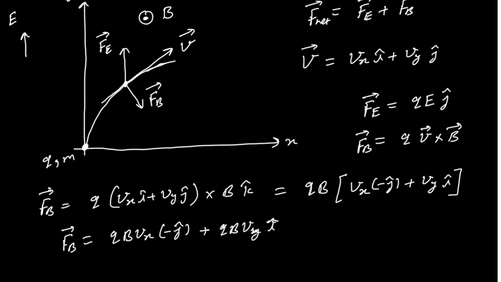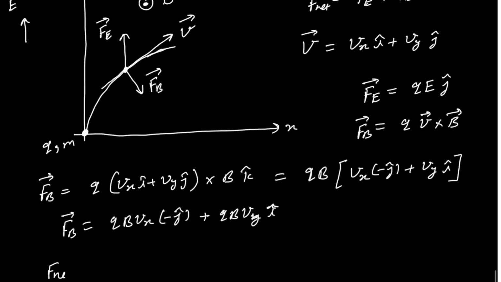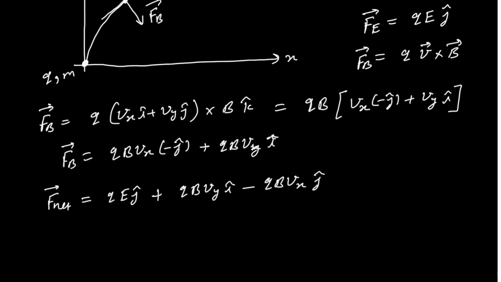So what we see here is one very interesting thing: with j cap you will get Vx, and with i cap you will get Vy. This is a very interesting thing here. Now if we see the net force, in the net force we will get qE j cap, this is the electric force, and plus the magnetic force, which is qB Vy i cap and minus qB Vx j cap. Now we will take i cap and j cap together.